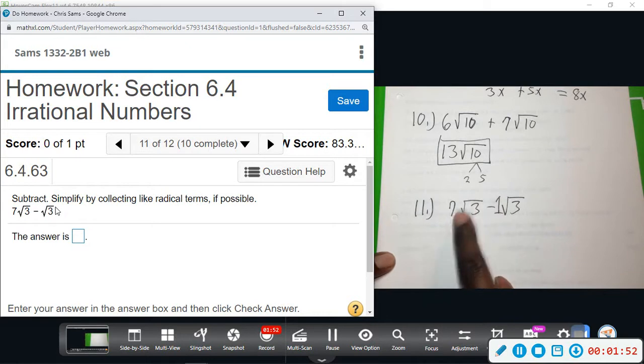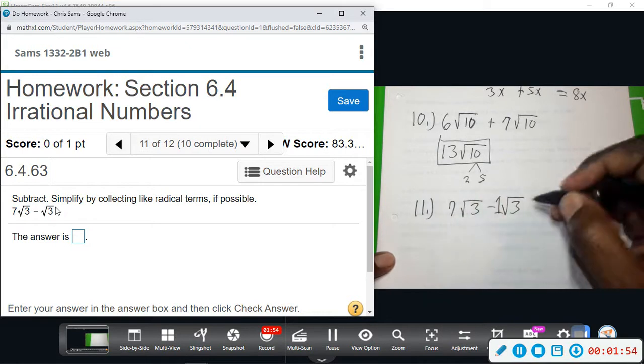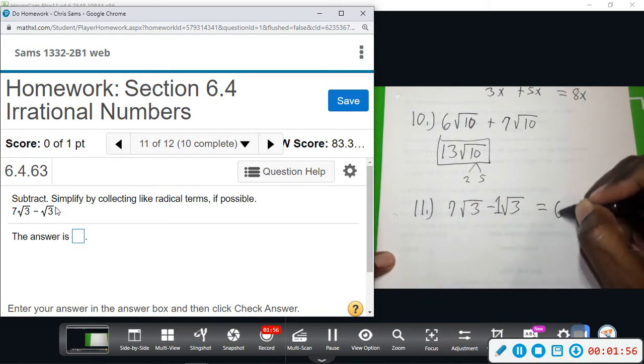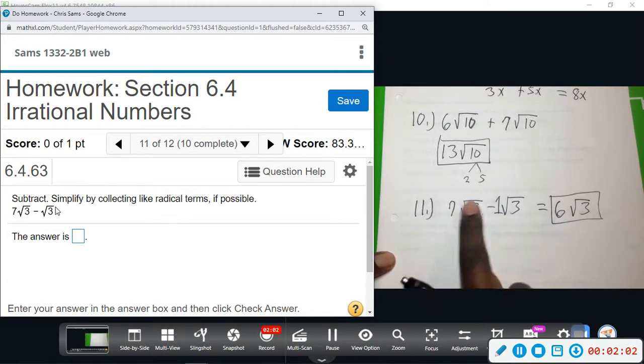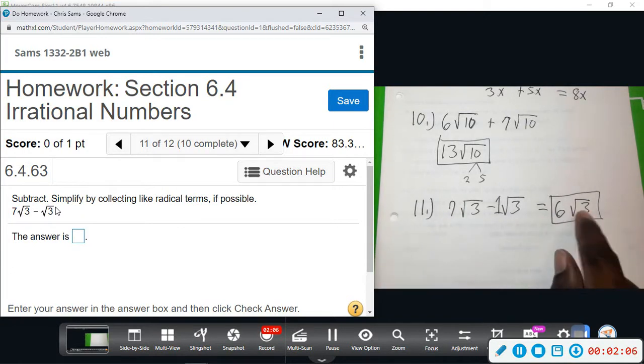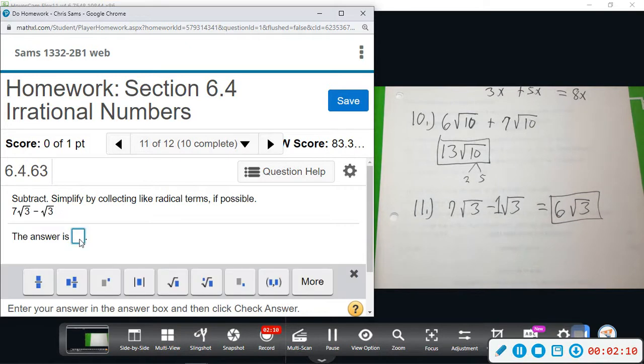You're combining those. So 7 minus 1 will give you 6 square roots of 3. So be careful. That's a common mistake that people want to just write 7. They want to get rid of the square root of 3 part, but you actually just subtract 1 from it. So this will be 6 square roots of 3.